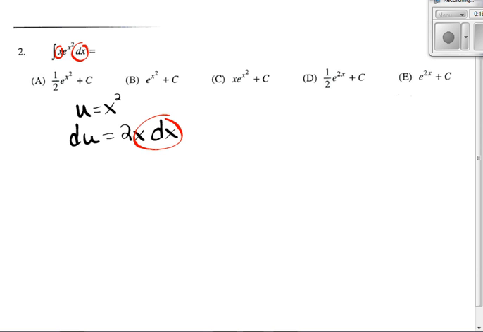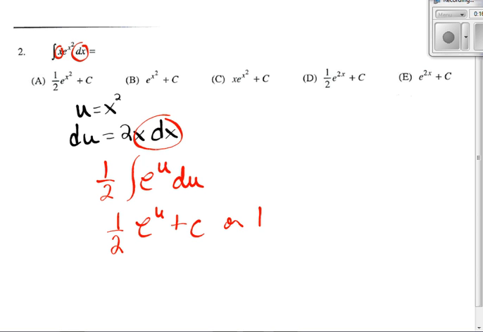So what's going to be out in front, a 2 or 1/2? 1/2 the integral of e to the u. And that's easy. That's e to the u plus C, or 1/2 e to the u, which is x squared, plus C.